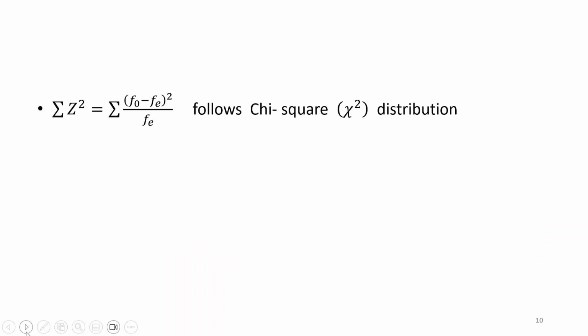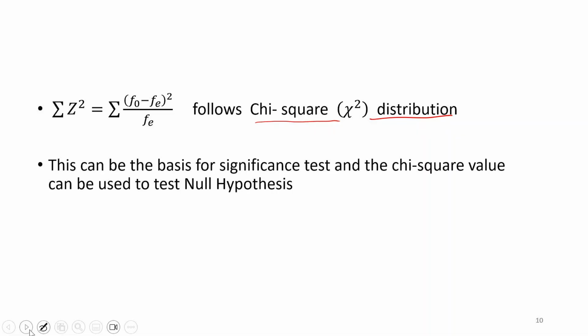Now the sum of z squared follows a chi-square distribution. This we have also discussed earlier, that the sum of squared z variables follows a chi-square distribution. So here also this is the basis for the significance test, and the chi-square value can be used to test the null hypothesis.